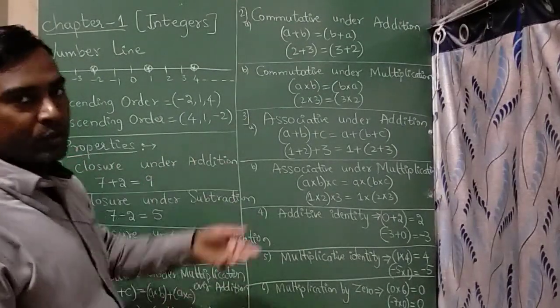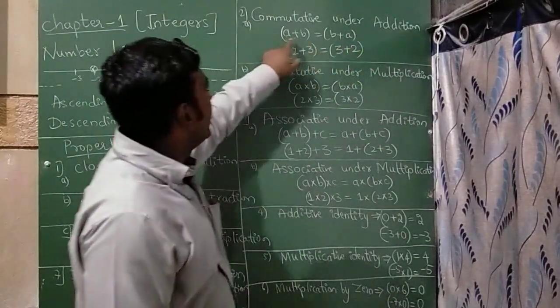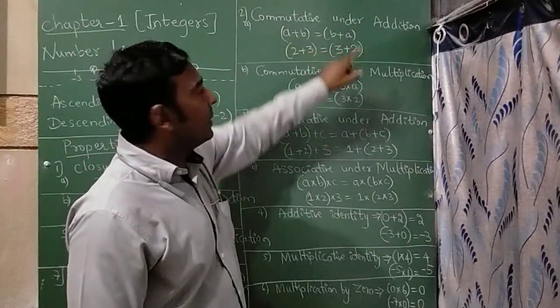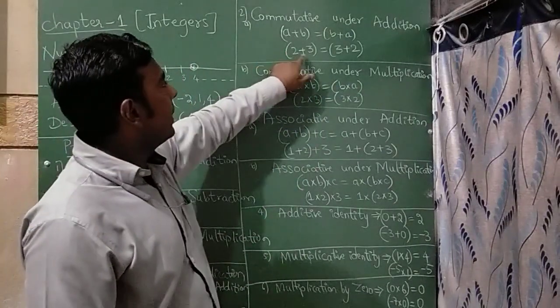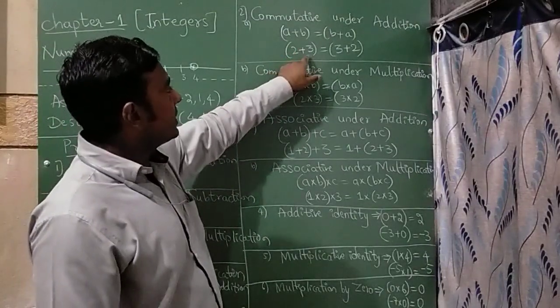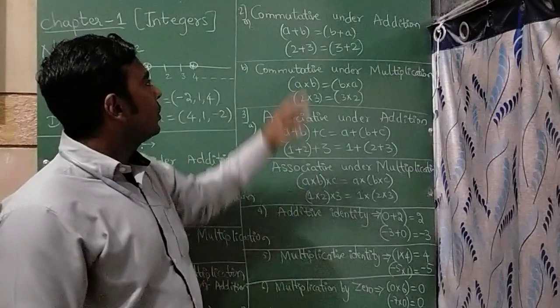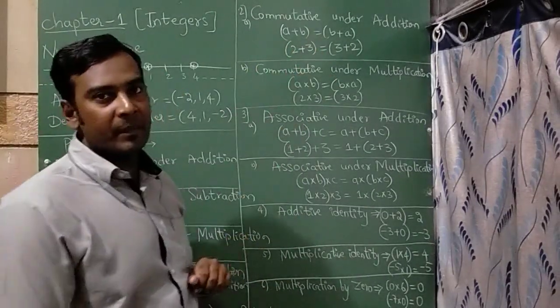Fine. Now the next one is commutative property under addition. It is a plus b is equal to b plus a. For example, 2 plus 3 is equal to 3 plus 2. It means that if you add 2 plus 3, you will get 5. If you add 3 plus 2, again you will get 5. So a plus b is equal to b plus a. Fine.